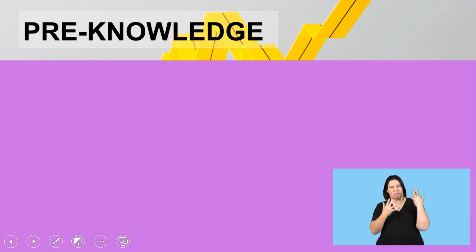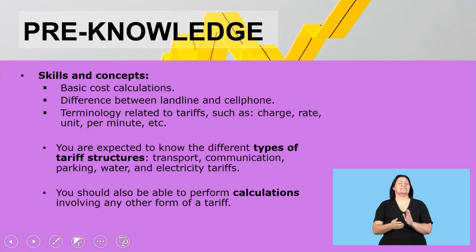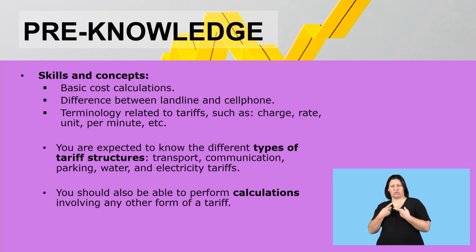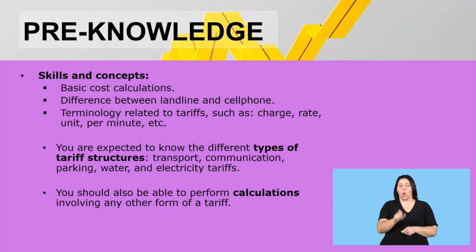So what is the pre-knowledge that you should have? Okay, let's quickly check ourselves. Basic skills and concepts. For example, you must be able to do basic cost calculation. You must know the difference between landline and cell phone, for example. And also, you must be familiar with the terminology related to tariffs, for example, charge, rate, unit, and so forth.